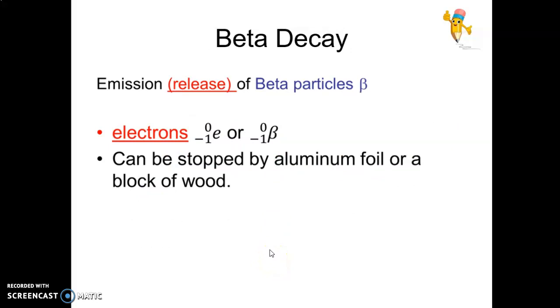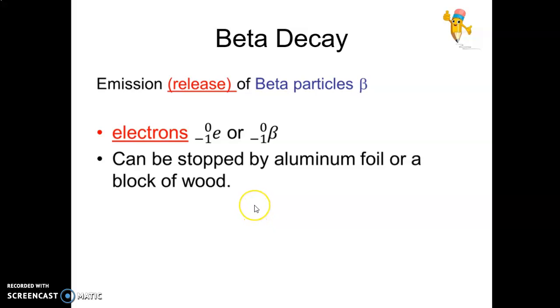Then we have beta decay. So this is the second type of radioactive decay, which is beta. When we have beta decay, it is going to release an electron.